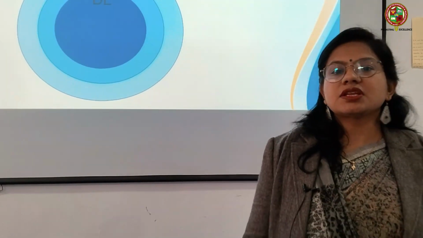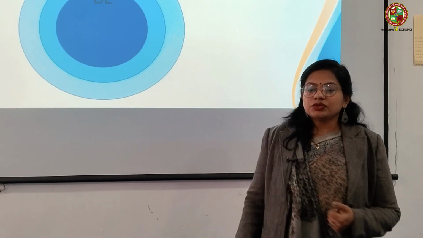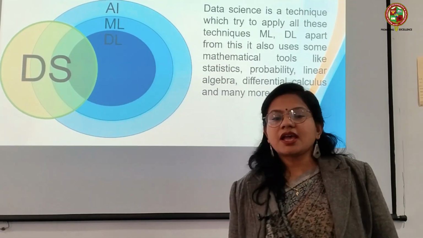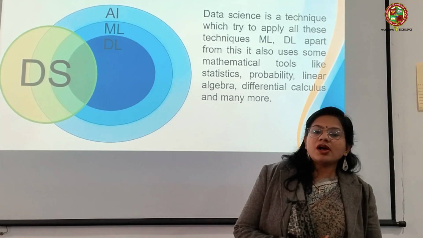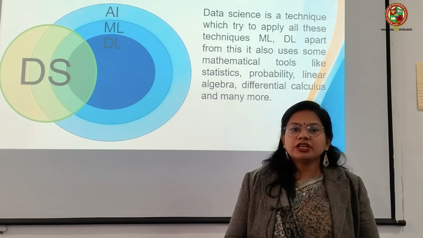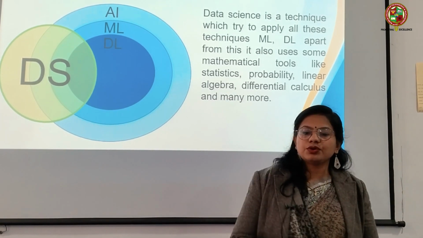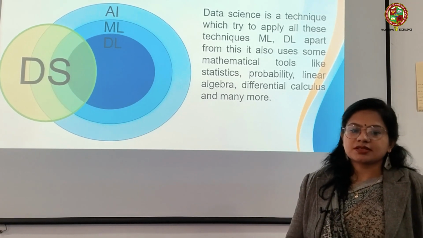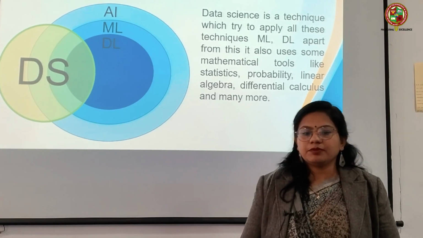The question arises, where does data science fit into this? This is the Venn diagram of data science. Data science is a technique which tries to apply all these techniques, machine learning, deep learning, and apart from this, it also uses some mathematical tools like statistics, probability, linear algebra, differential calculus, and many more.